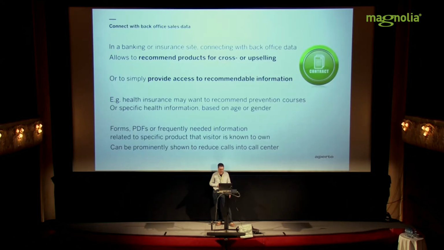Then you may reduce costs in your call center just by displaying this specific information for that product that he owns. Okay, these are really use cases where it's about reducing costs.